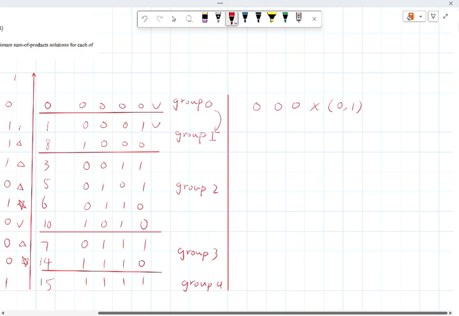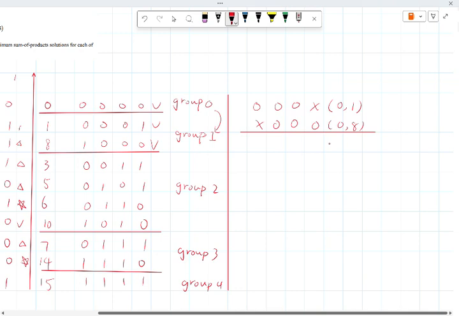Okay, so we tick both, and then compare 0 with 8. So this is x, 0, 0, 0. Tick that. So group 0 and group 1 finished.